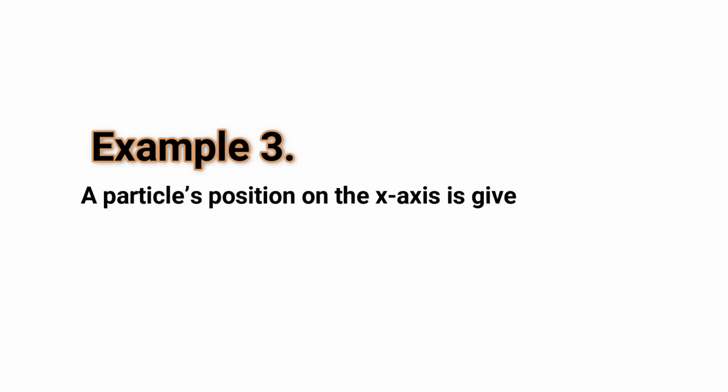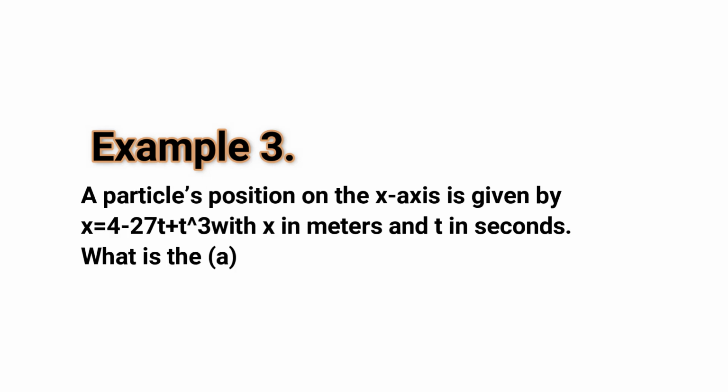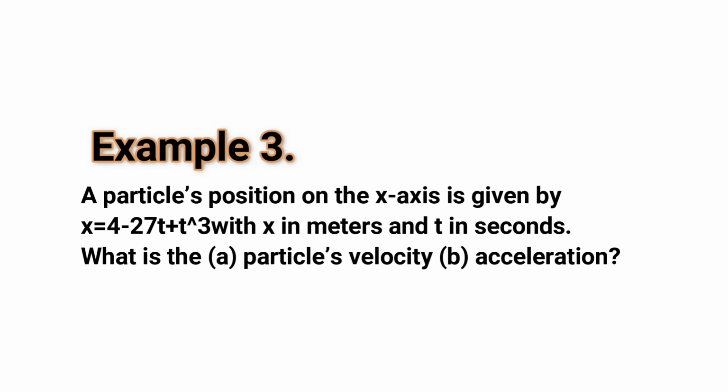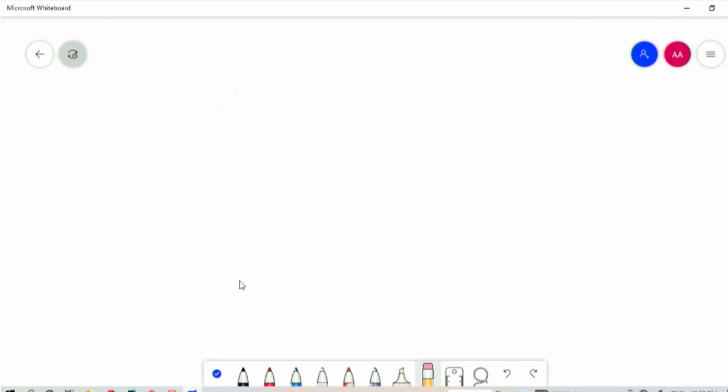A particle's position on the x-axis is given by that, with x in meter and t in seconds. What is the particle's velocity? And b, what is the particle's acceleration? We can follow the same example that we have done earlier. All we need to do is just to differentiate the velocity that we have for the second time. So let's look at the solution of that.